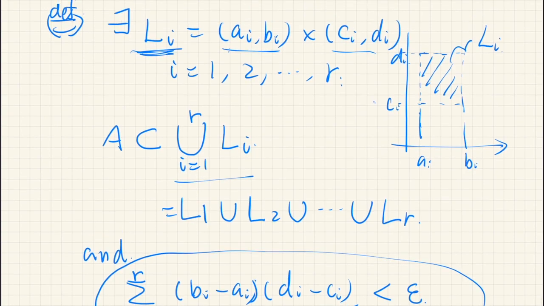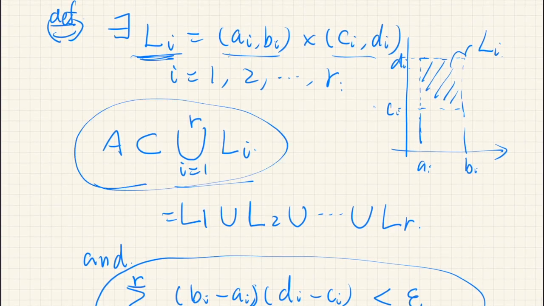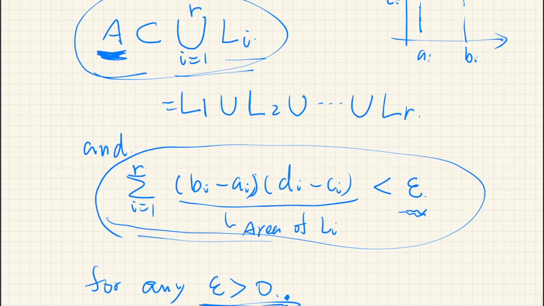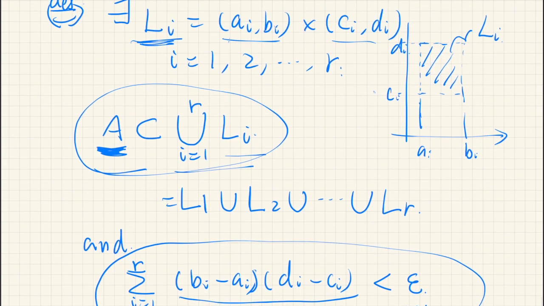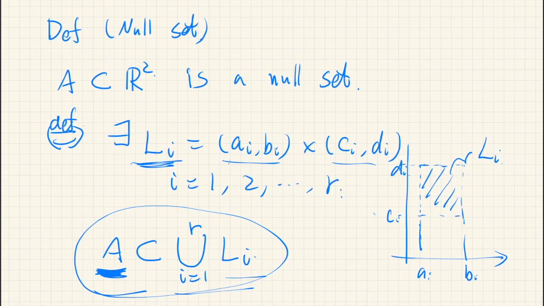This condition also indicates that the set A can be covered by the union of these very small rectangular regions, so the area of A should be arbitrarily small, or even 0. So that's what a null set means.